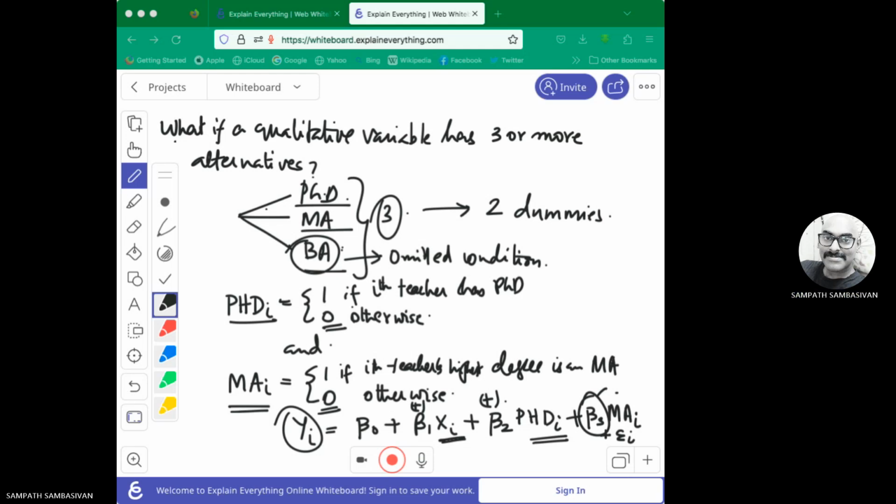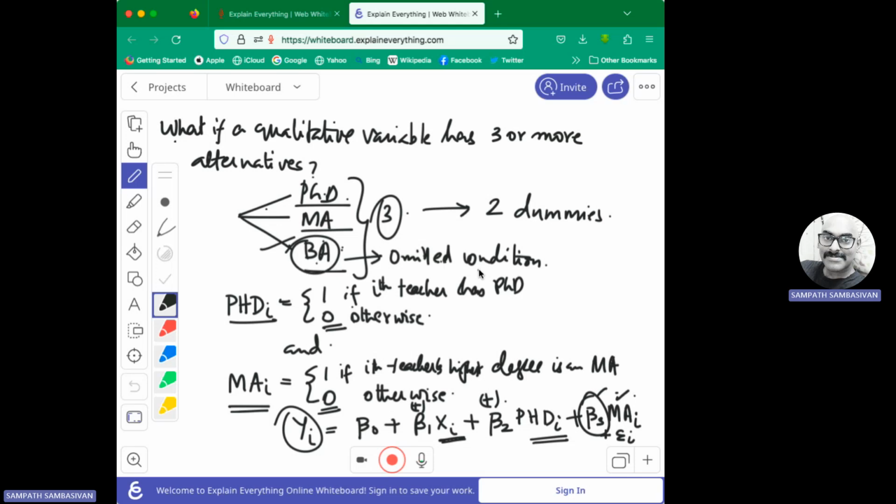Right? So beta 3 will measure the impact of having the highest degree as MA compared to the omitted condition. What is the omitted condition here? Omitted condition is when the highest degree is BA, right? The highest degree is BA is the omitted condition here.